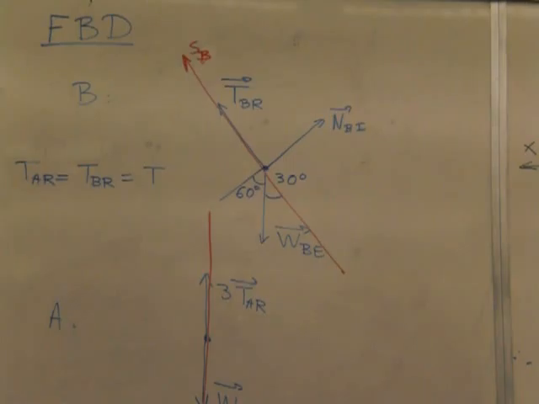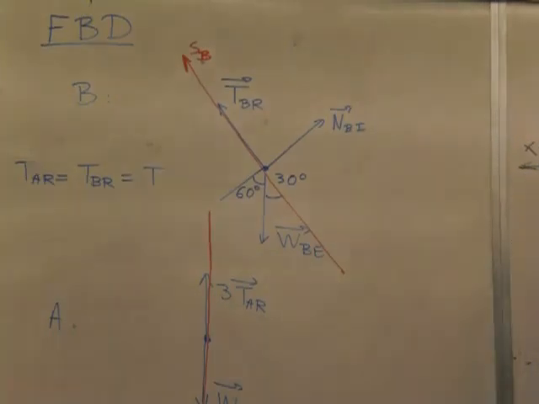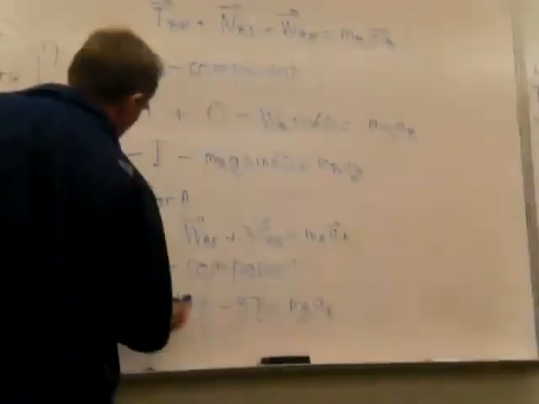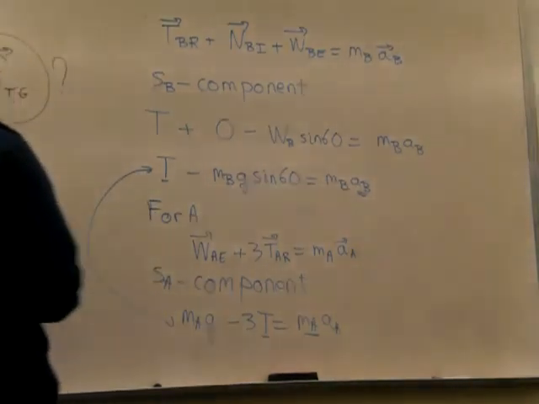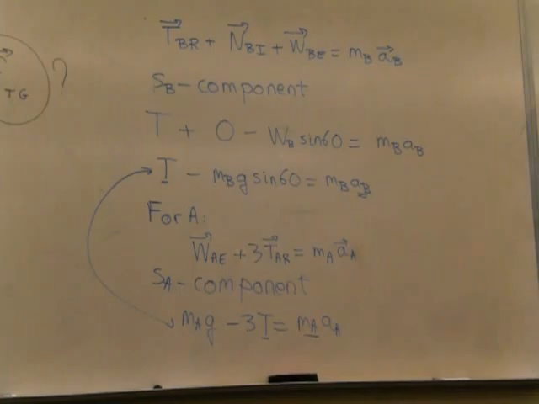The mass of A and the tension. These are the two equations that we have, this one and that one. So how many unknowns do we have between these two equations? 3. So no matter what you do with them, you cannot solve the problem.